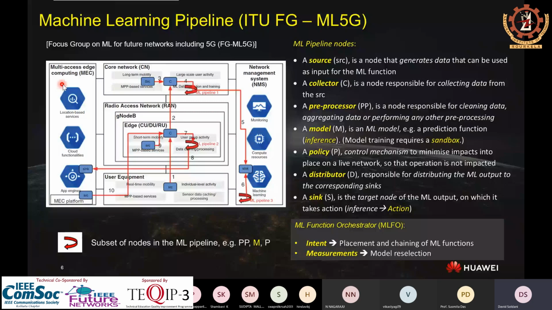So the target here is to define a pipeline, which means a number of functions to be chained together to perform certain tasks. So to introduce an intelligent action, or say an inference algorithm, to improve certain characteristics or performance of the network. So what I define here is a pipeline which consists of a number of nodes.